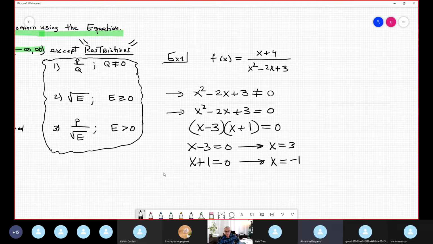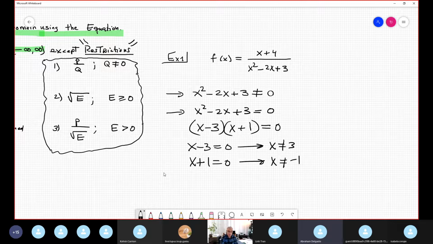Actually, this is the solution for the quadratic equation, but don't forget that the problem that we're solving is not equal. So it's not equal. This is the bad guy. So what is the domain? Well, the domain is all real numbers except the bad guys. Who are the bad guys? 3 and negative 1.